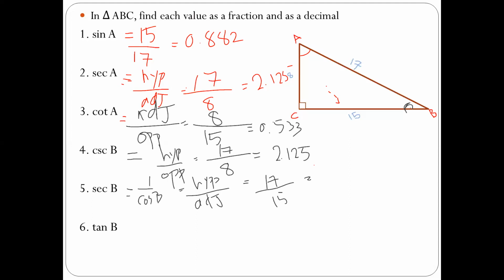So 17 over 15 is 1.13. The last one, tan B. Tan is opposite over adjacent. What is the opposite of angle B? It is 8. What is the adjacent of angle B? It is 15. So it is 8 over 15, which is 0.533.